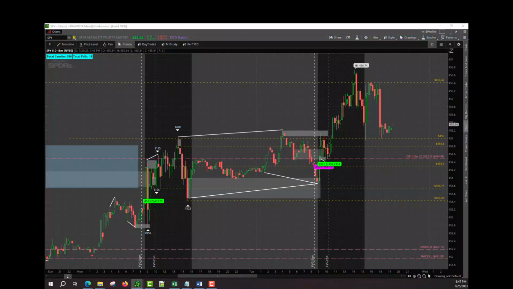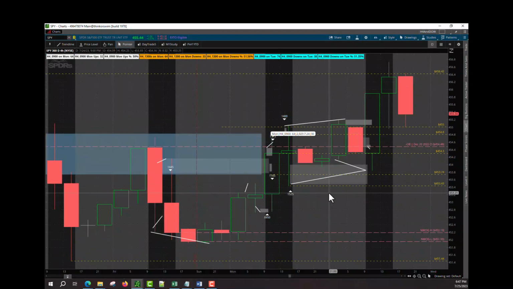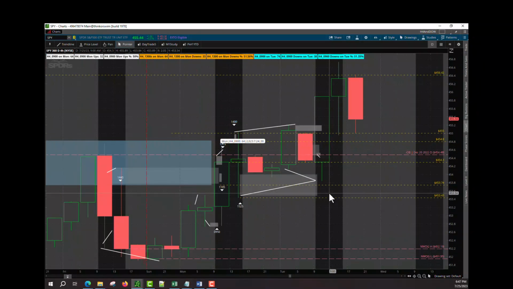Look at the 4 hour time frame right here. I believe it's going to be a very strong week. Look at Monday, the 4 hour candle at 9, and then you see the same on Tuesday, the candle at 9 is huge and continues the trend right there.